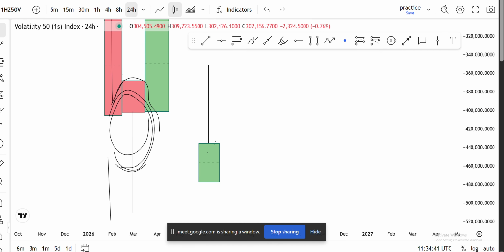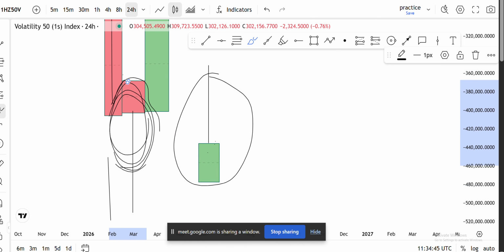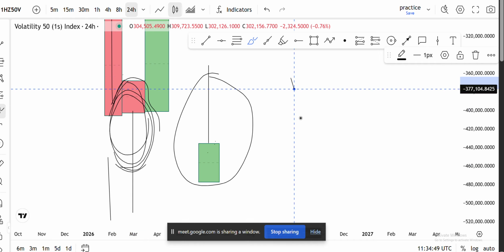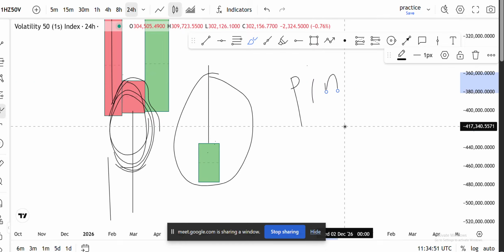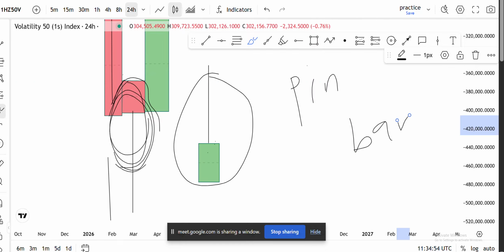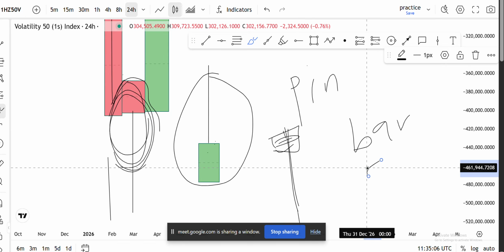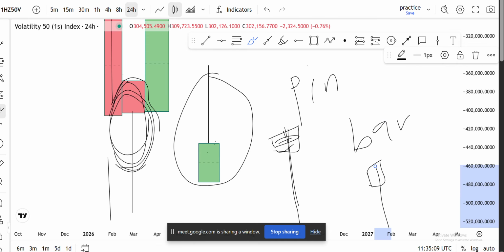So this is a pin bar, a bullish pin bar, and a bearish pin bar. It's more like this long candle, like this, a long rejection.